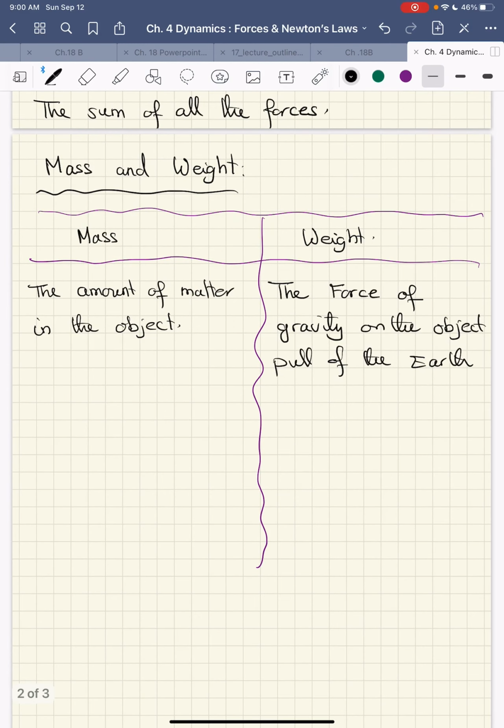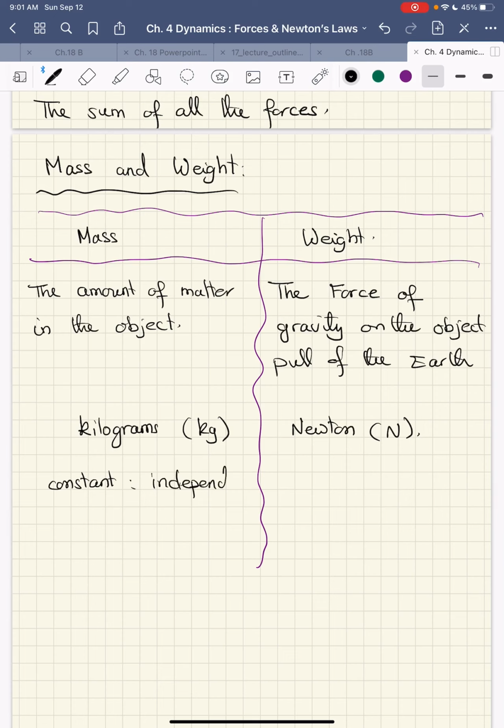Now mass is measured in kilograms, kg, and weight is a force, and therefore it is measured in newtons. I will say also that the mass is constant, independent of your location.